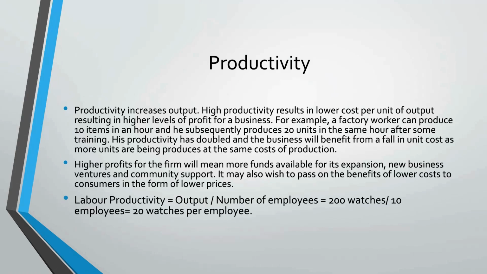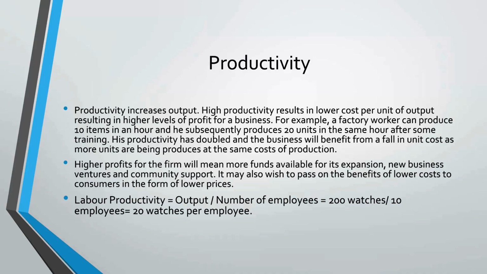For example, a factory worker can produce 10 items in an hour and he subsequently produces 20 units in that same hour after training. So we are saying now that he is more productive because he went through training. You can see that the amount of units that he produced within that hour would have doubled.